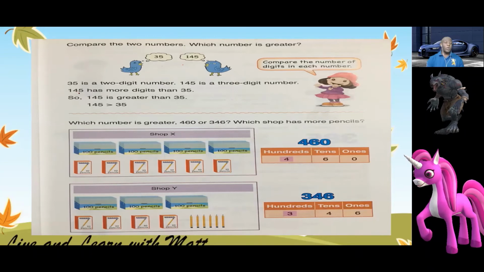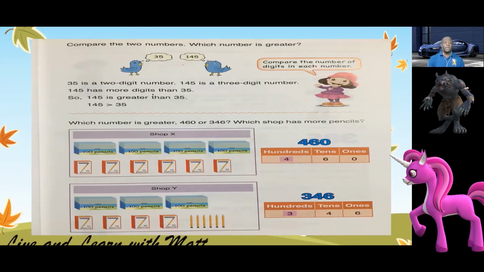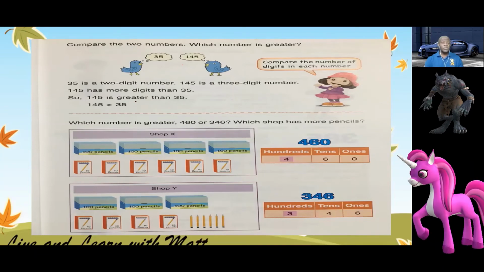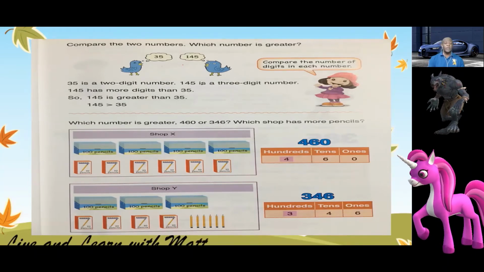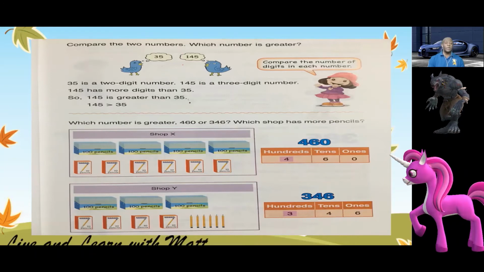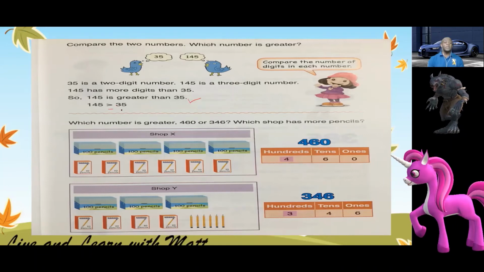That means 145 has more digits than 35. So we say 145 is greater than 35. And we can also write it like this: 145 is greater than 35.